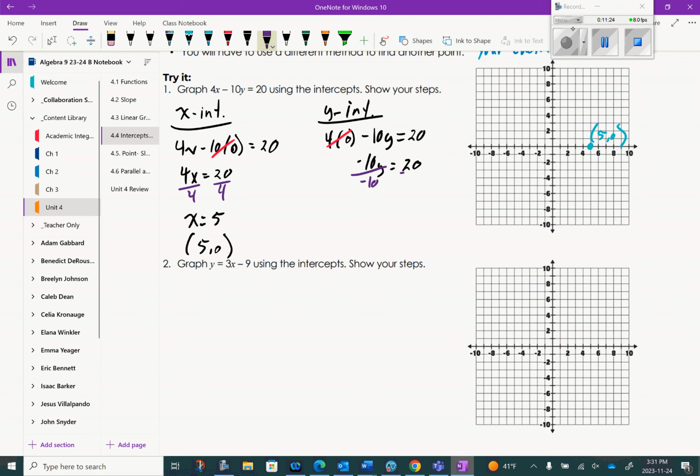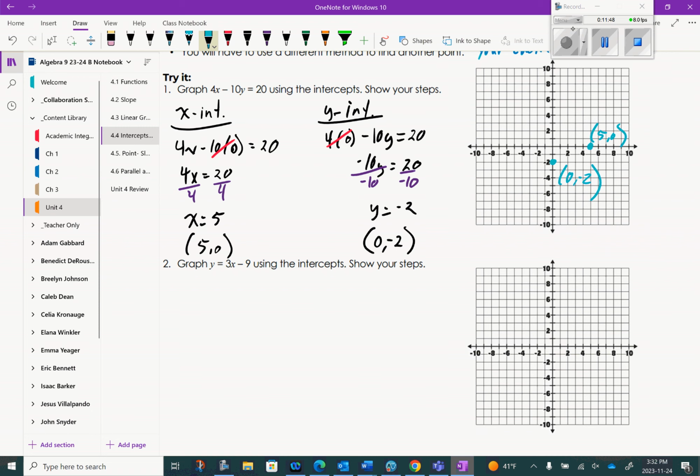Divide both sides by negative 10. Positive 20 divided by negative 10 should be negative 2. So the y-intercept is at the point 0, negative 2. So on the y-axis, down 2 spaces.